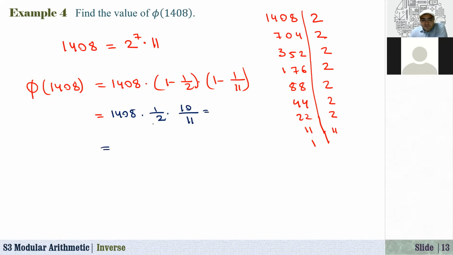If you divide this by 2, it is 704, and divide by 11, so that's equal to 2 to the power of 6, so that's 64. So 64 times 10, that's equal to 640.